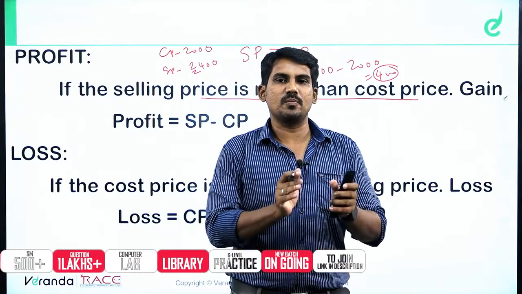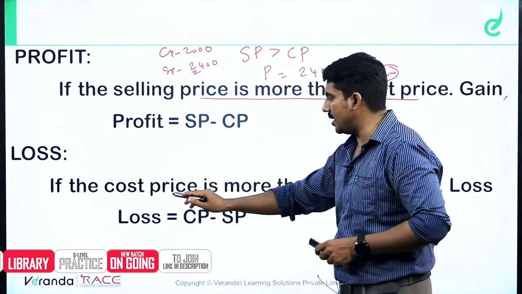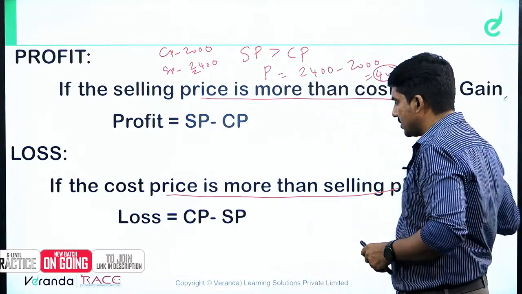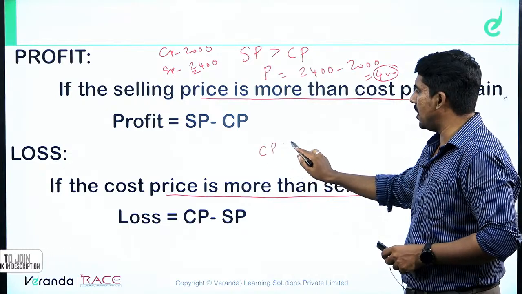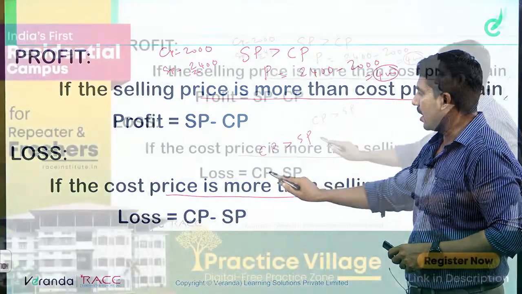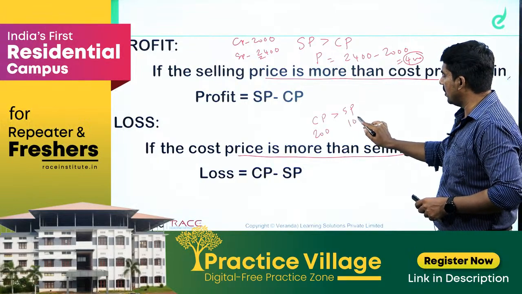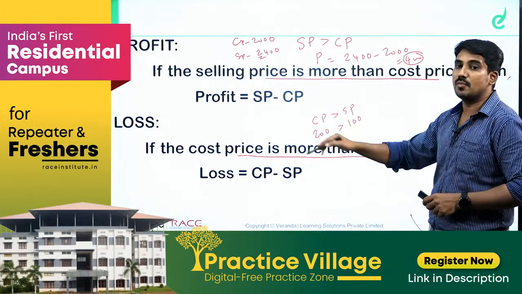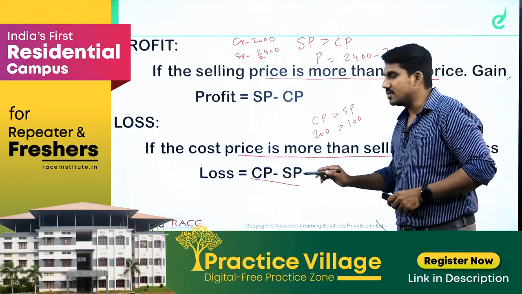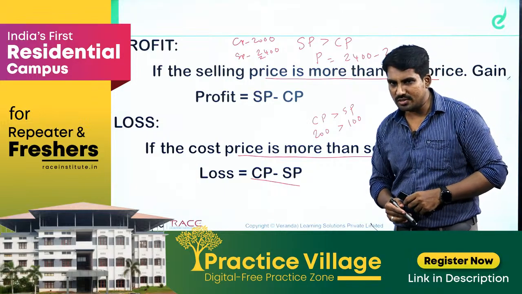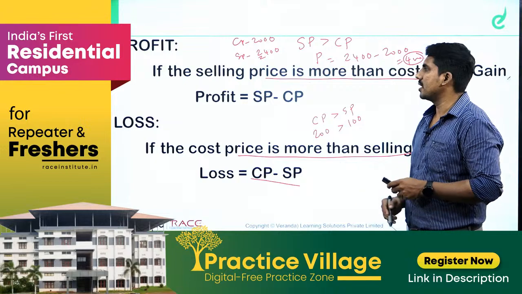Whenever the selling price is less than the cost price, or we can say CP is more than SP, there is a loss. Therefore, CP minus SP is nothing but loss. Cost price minus selling price is loss.